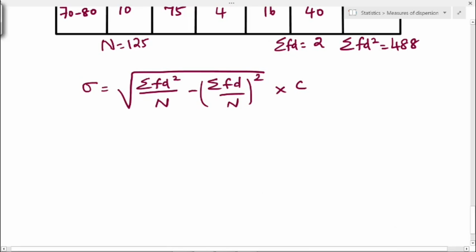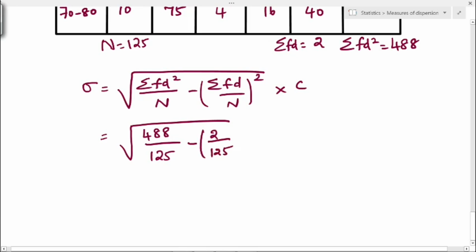So now substitute all the values. You will get square root of summation fd square, that is 488, divided by n value 125, minus summation fd, that is 2, divided by 125 the whole square, into c value 10.